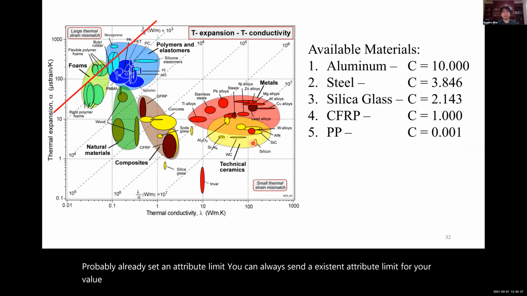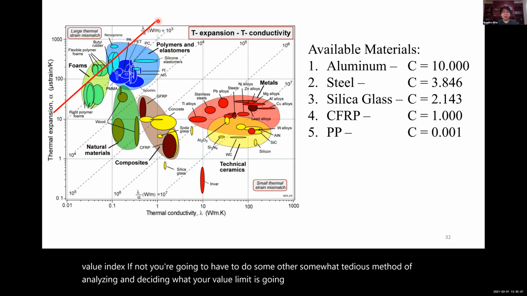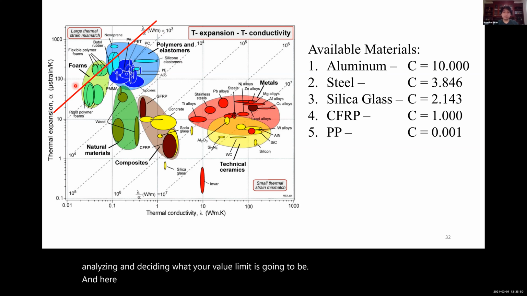If not, you're going to have to do some other, somewhat tedious method of analyzing and then deciding what your value limit is going to be. And here I have three different examples of value limits I chose, and which materials become acceptable.